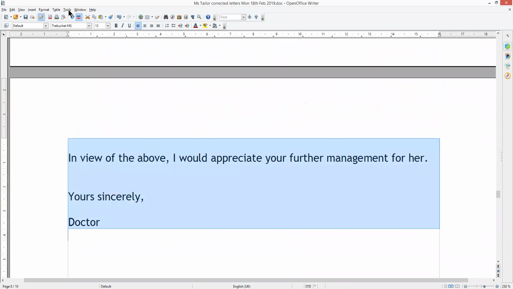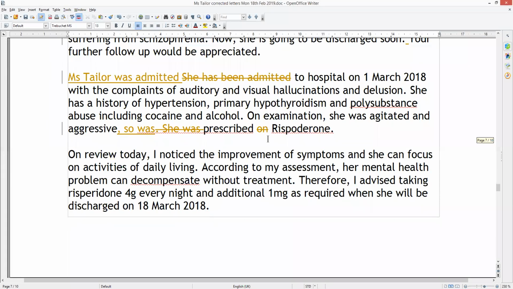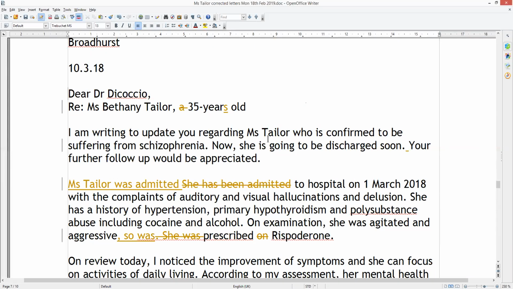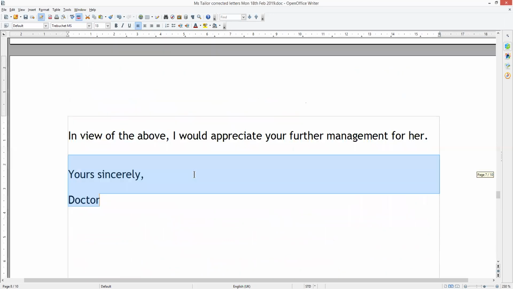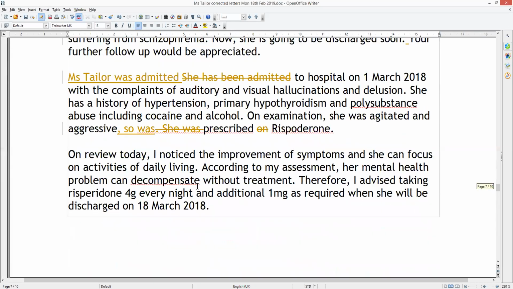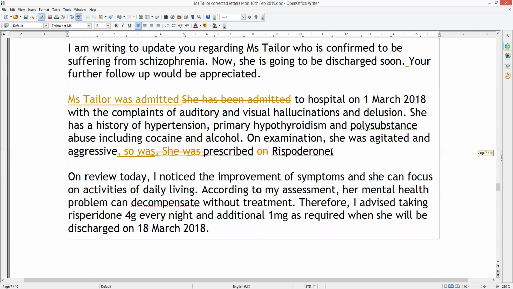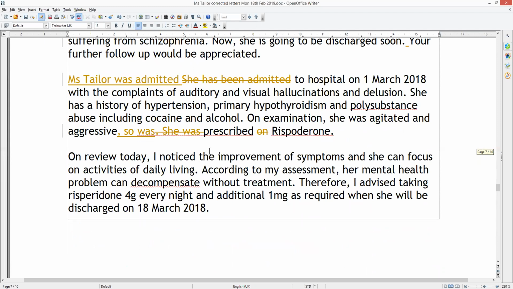Even including the closing, this is 155. No, that's far too short. 155 including this. Way too short. You would certainly get a penalty there, because 155 is a lot of stuff that you've missed.